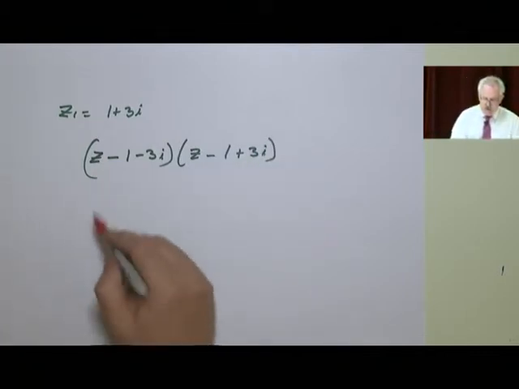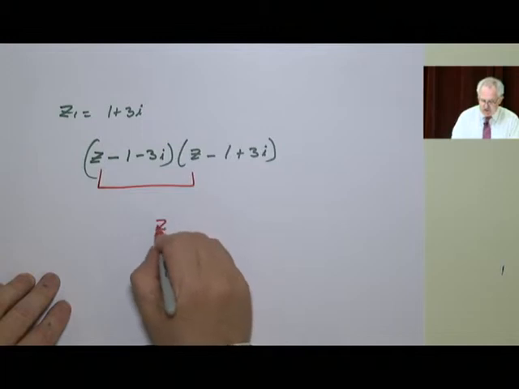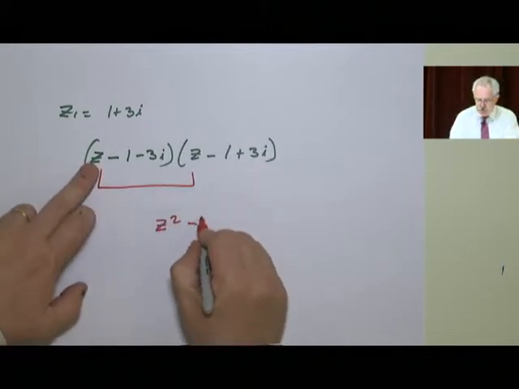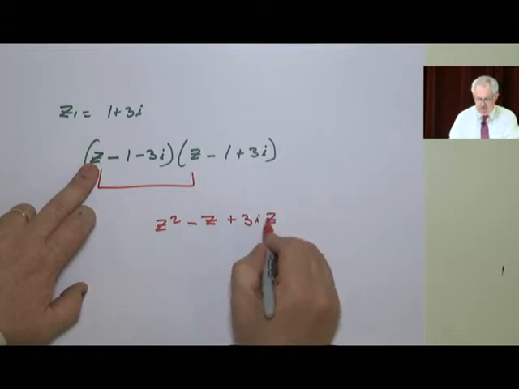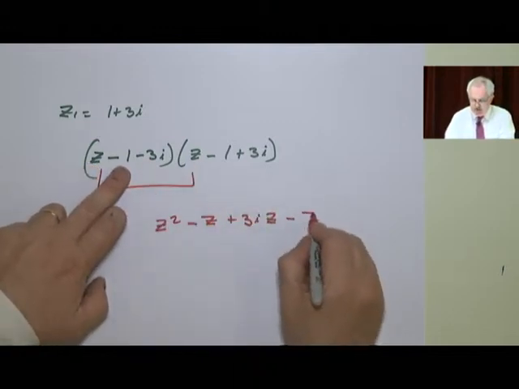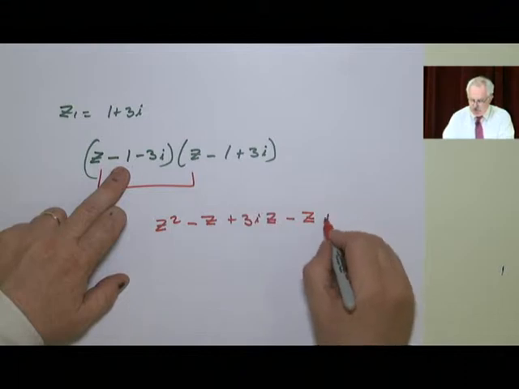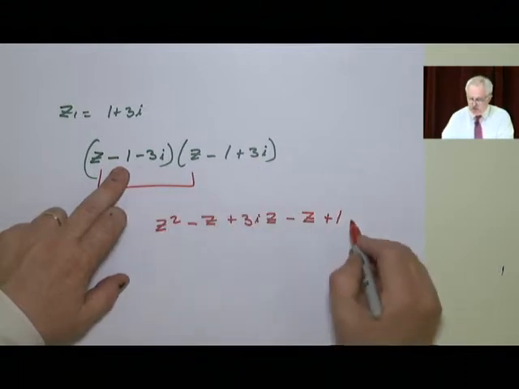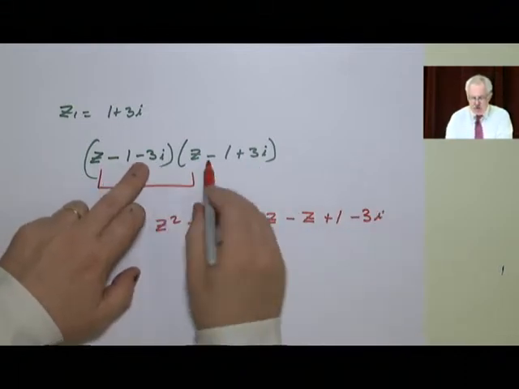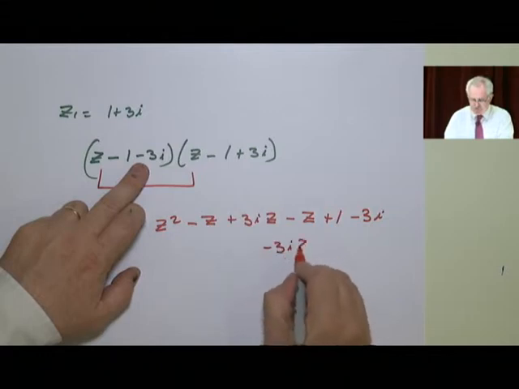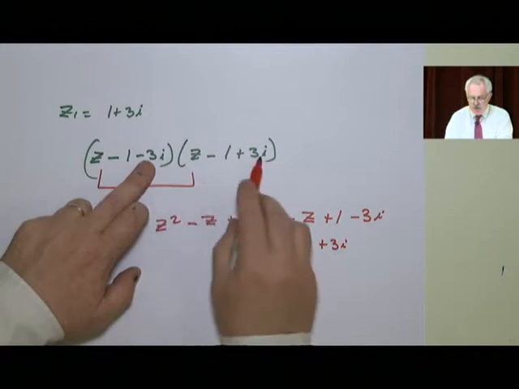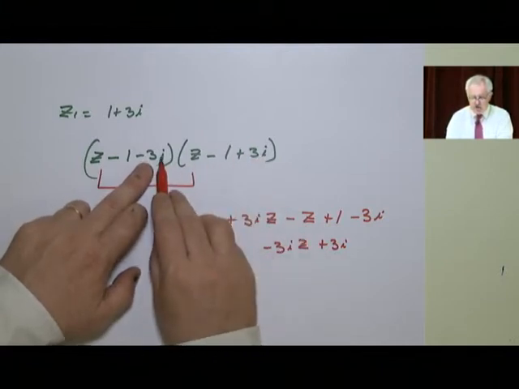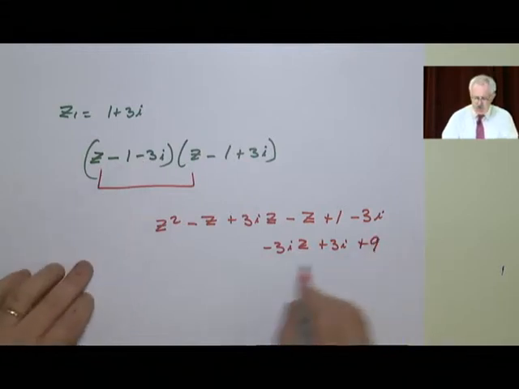Now we multiply: z by z, z squared. Z by minus 1 is minus z. Z by 3i is 3iz. Minus 1 by z is minus z. Minus 1 by minus 1 is plus 1. Minus 1 by 3i is minus 3i. Minus 3i by z is minus 3iz. And minus 3i by 3i is 9, i by i is minus, that makes it a plus.